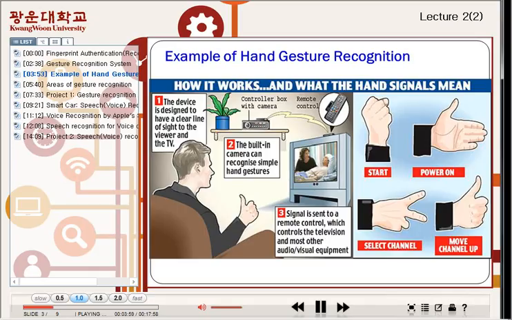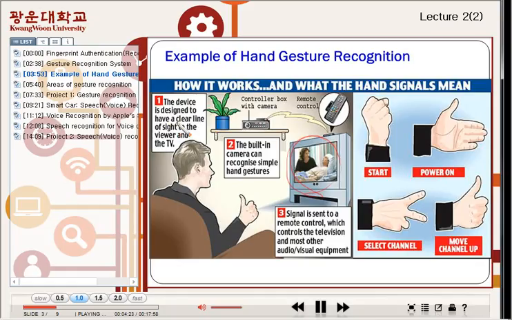This picture shows how the TV works and what the hand signal means. As you know, the device is designed to have a clear line of sight to the viewer in the TV.